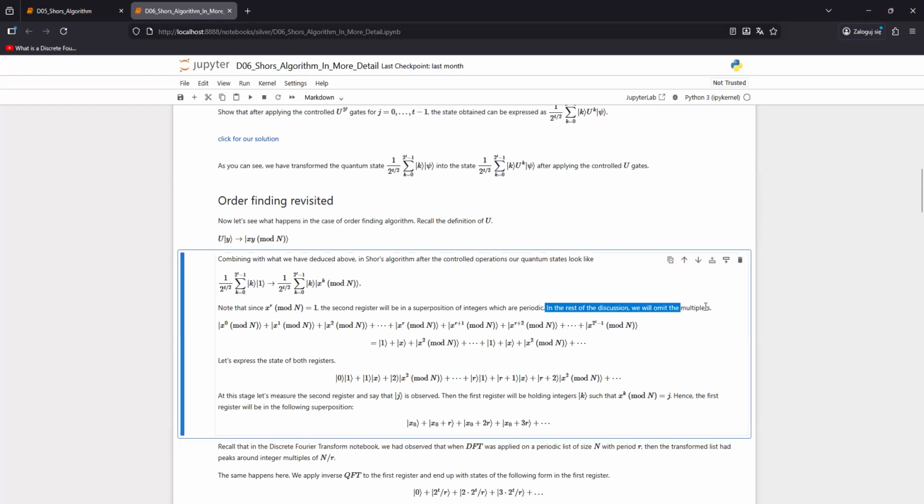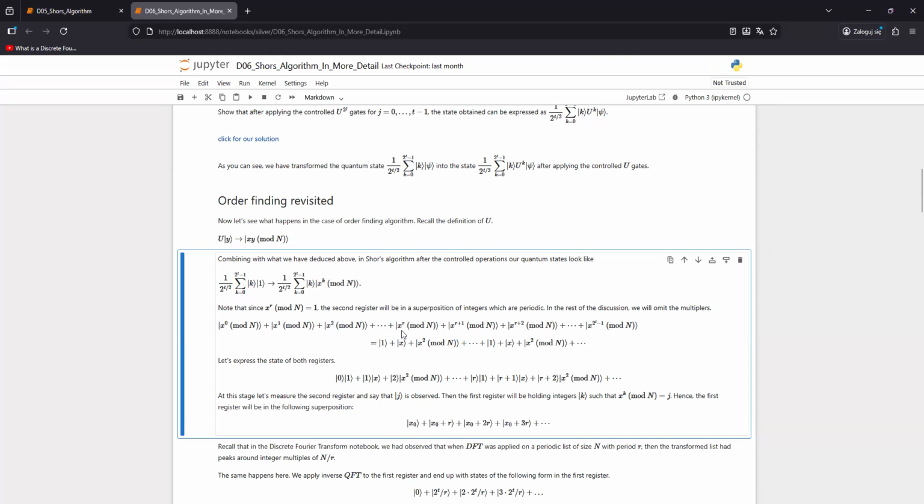We omit the multiplicities, so we focus only on the state inside the qubits. Here we have those powers ranging from 0 to r and then continued, which can be expressed in short form. So here we have simply 1, because x to the power of 0 is 1. Here we have x, and so on.